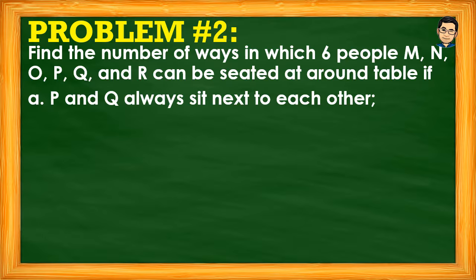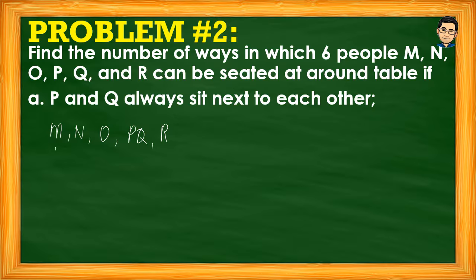For example, M, N, O, P, Q, tapos R. So, why is it hindi natin pinaghiwalay si P and Q? It's because kahit anong arrangement man sila, magkatabi po dapat sila. Ibig sabihin, iti-take lang natin sila as 1.